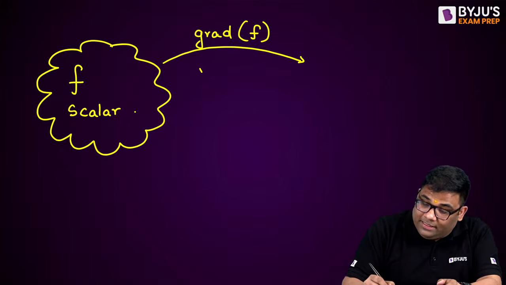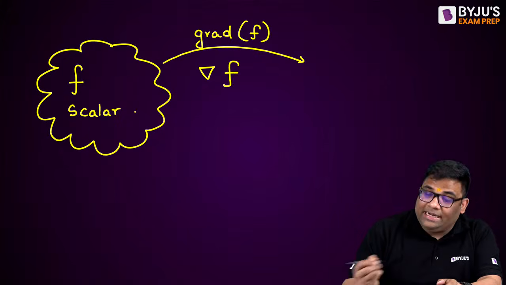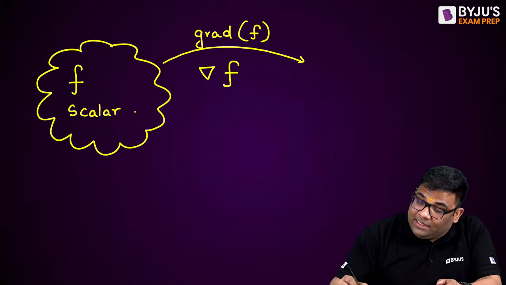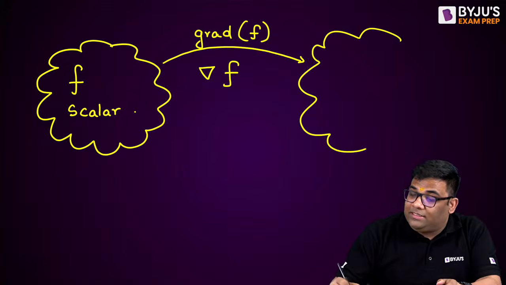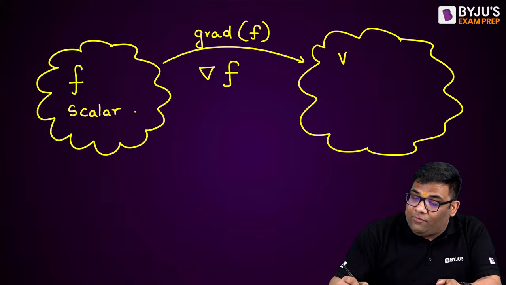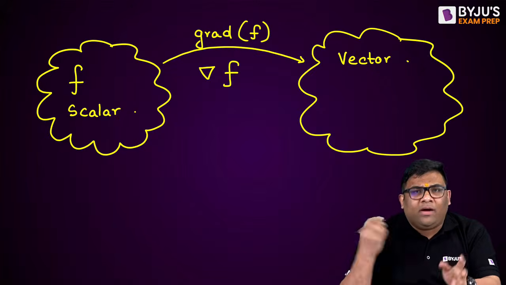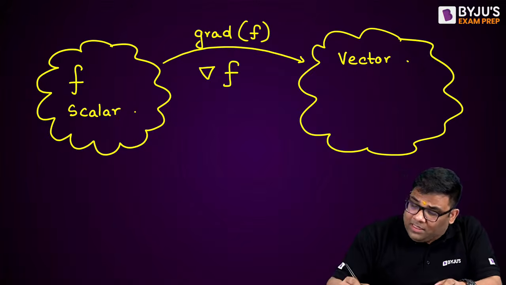When we did gradient of f, I indicate it like this. This converts it into a vector function. And how do we find that vector function? Very easy.